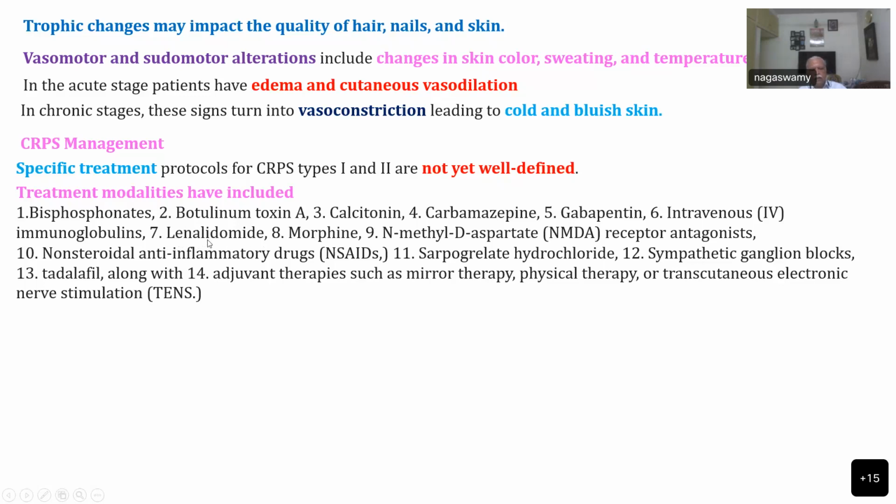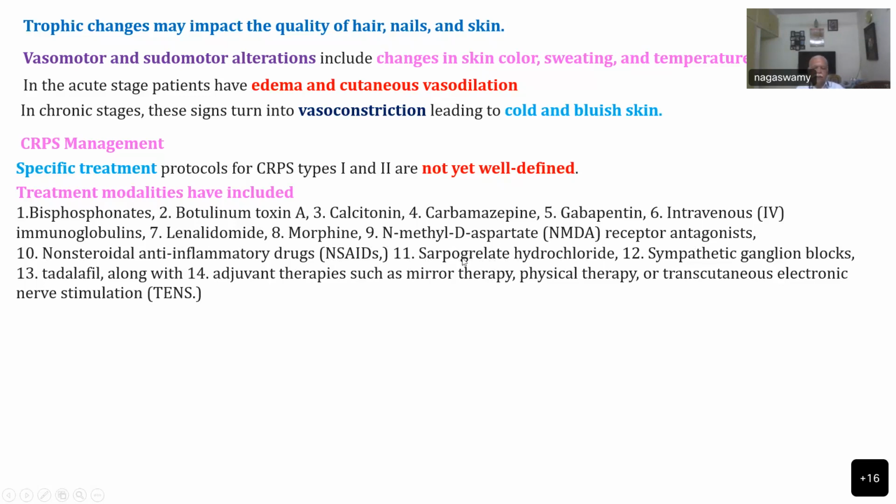So this is another drug which is an immunomodulatory drug. Then morphine for pain relief, NMDA receptor antagonists again for pain relief, NSAIDs again for pain relief, and sarpogrelate hydrochloride. This is a new drug which has been tried, a 5-hydroxytryptamine 2A and 2B antagonist, just like ondansetron.